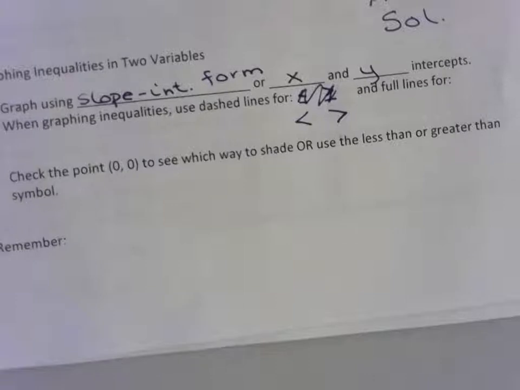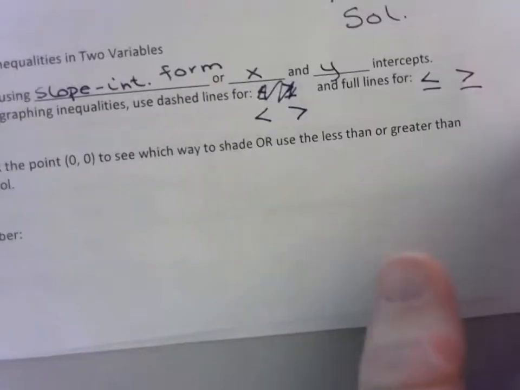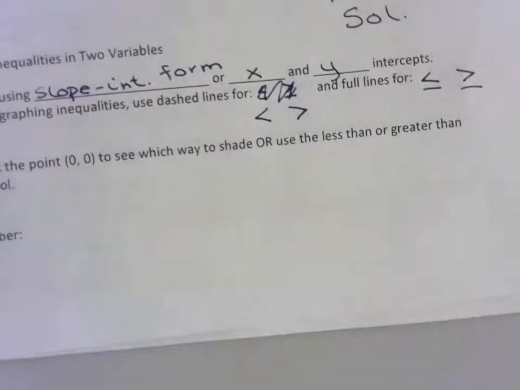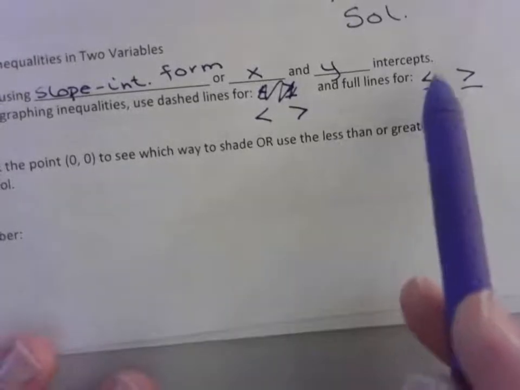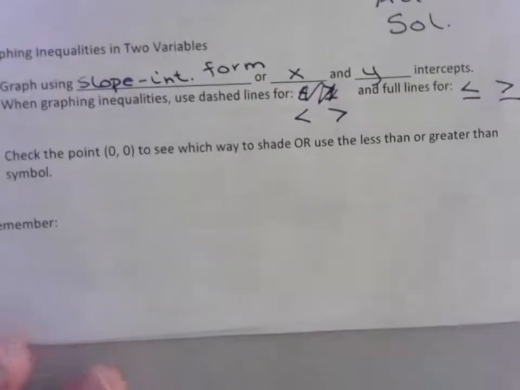So if it has the option of being equal to, so if it's less than or equal to or greater than or equal to, you use a full line. Just like we did on the warm-up when it was y equals negative 2x plus 3 or whatever, we use the full line.